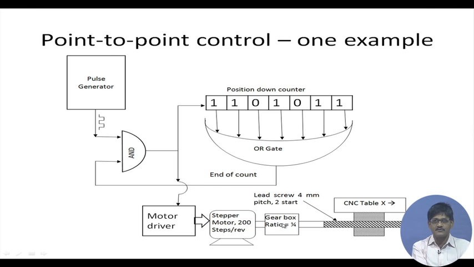Those many angular steps of motion are converted by the gearbox to a smaller value and the CNC table moves correspondingly and it will come to a stop when this is counted down to 0. This is one way in which point-to-point controls can be made to work.